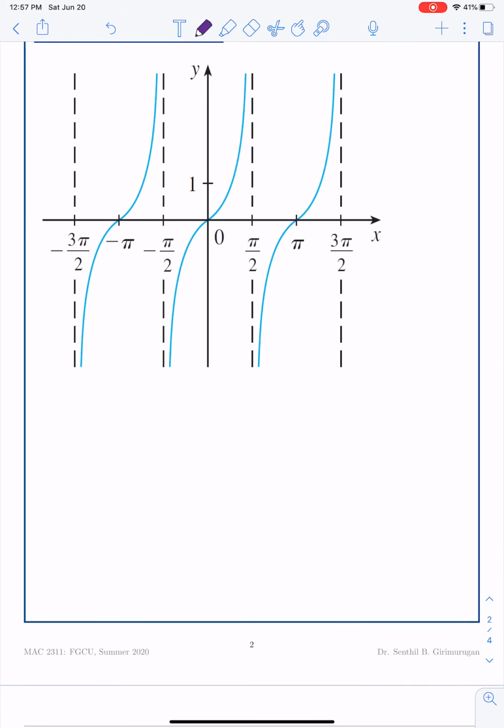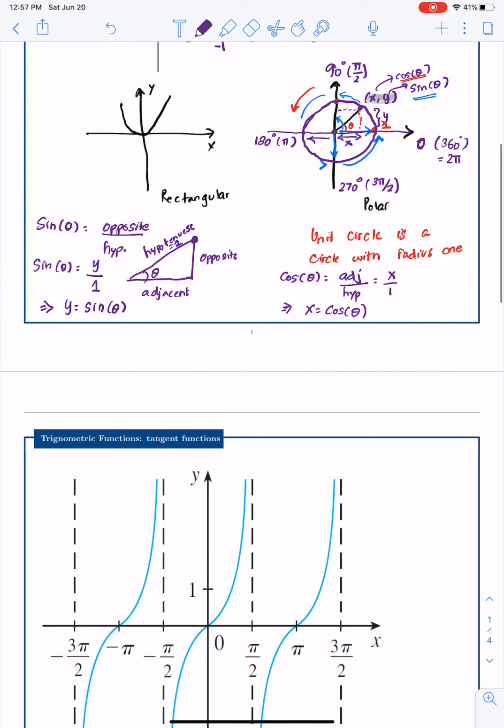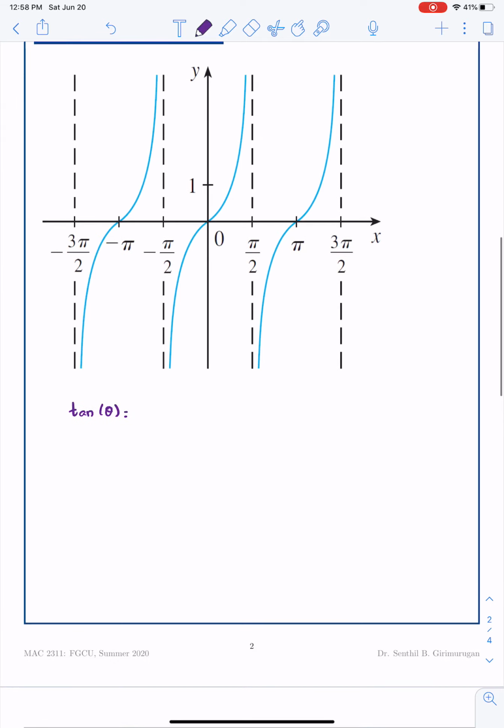Here comes the next function, which is a tangent function. We know that tangent of theta is simply the opposite side divided by the adjacent side, or the length of those sides.